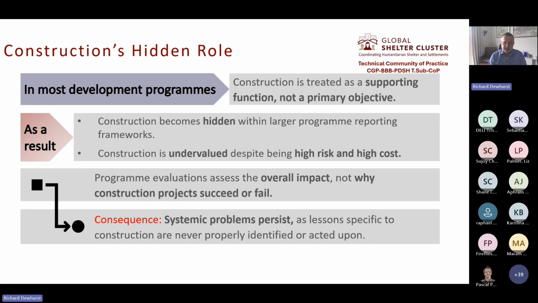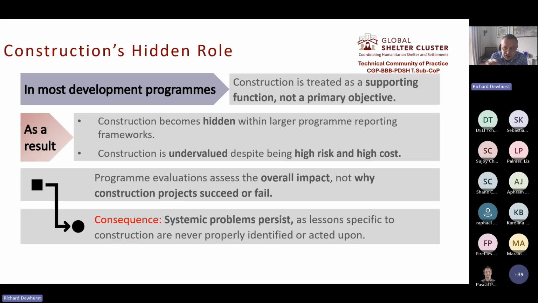And as alluded to earlier, construction in development programs is often treated as the supporting function. Whether it's part of an education, health or shelter program, it's not necessarily the primary objective, it's just the support. And as a result, it tends to be less visible and undervalued, even though it's very high risk and high cost.